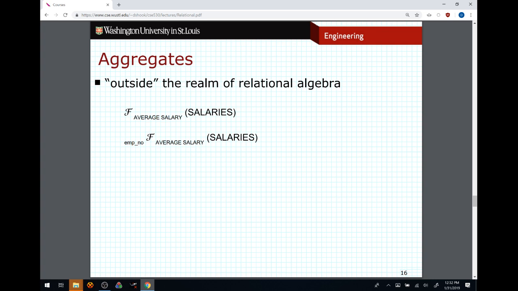If I want to do one with a group by, then I'll stick the group by column on the left side of the function. So this is what I'm grouping by, and then the other subscript is the aggregate that I'm computing. You see the quotes there. It's technically outside the realm of relational algebra, but we like to talk about group by, so we came up with a way of including it in our relational algebra expressions.